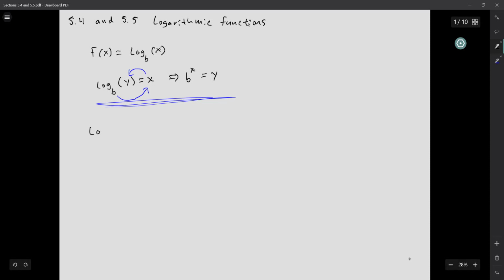So if I have multiplication inside of a log, this is going to be addition outside of the log. And similarly, if I have division on the inside, I will have subtraction on the outside.